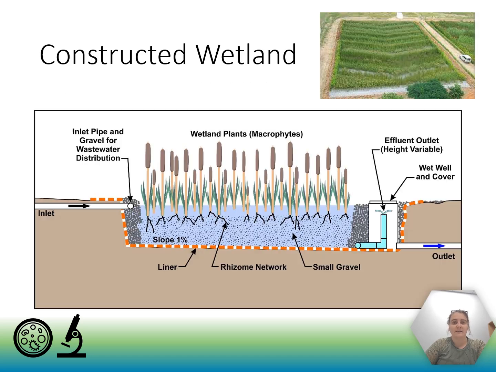So this can translate itself into what we call constructed wetlands, which are a way of removing wastewater where we actually seed a specific bed with specific plants, and we let microorganisms grow because they're very beneficial to nutrient cycling. So this is a picture up at the top right of a constructed wetland, which is just one type of technology that's going to leverage how the natural soil environment works.